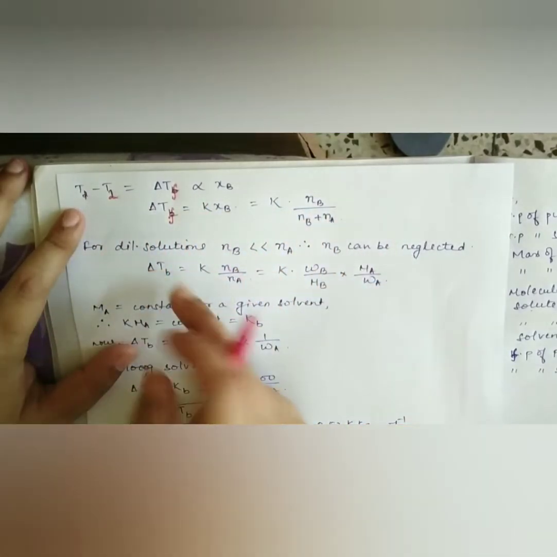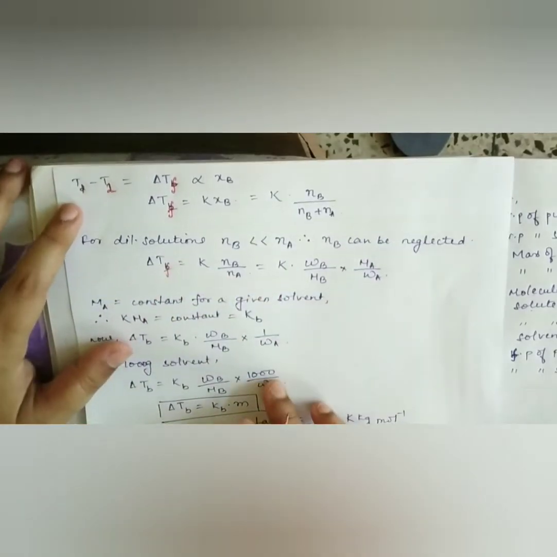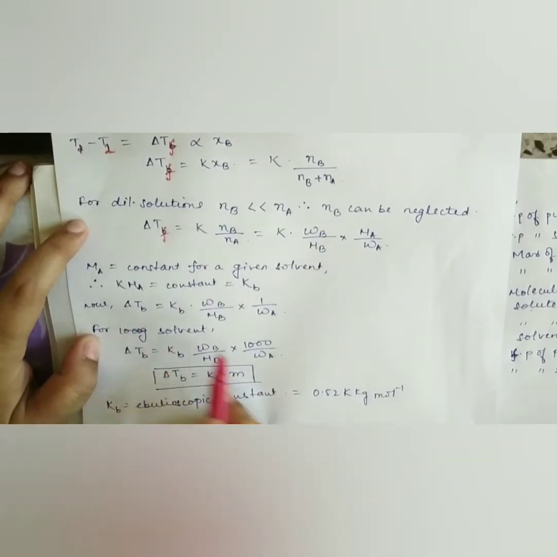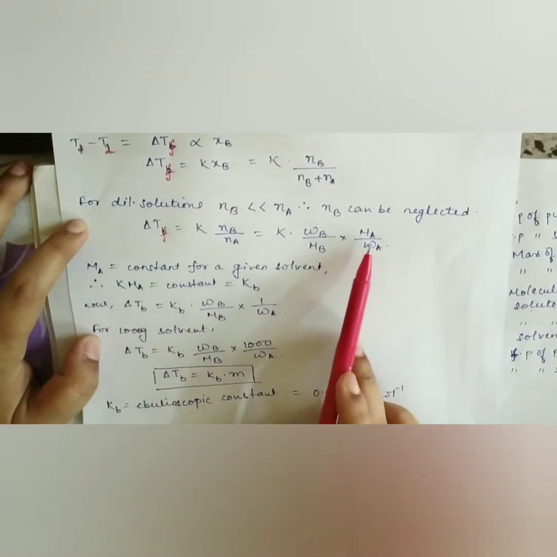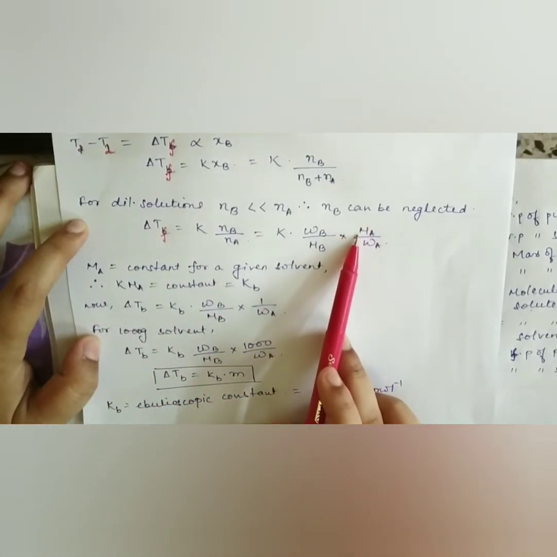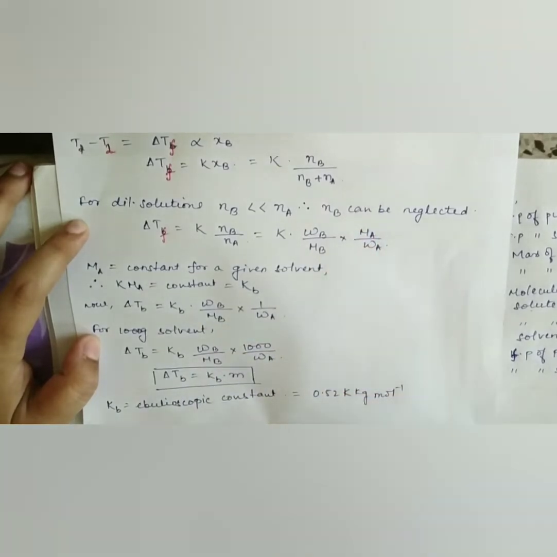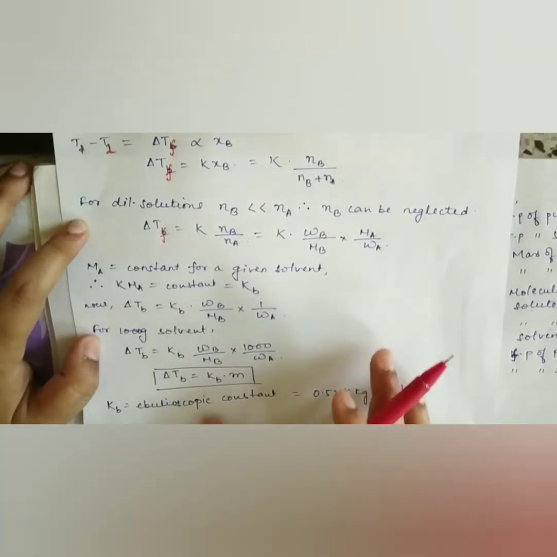So we go the same way that we have done in case of elevation in boiling point. Now here we have discussed that the mass of the pure solvent is constant for a particular solvent. It holds true here as well.